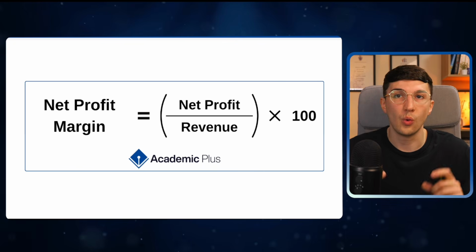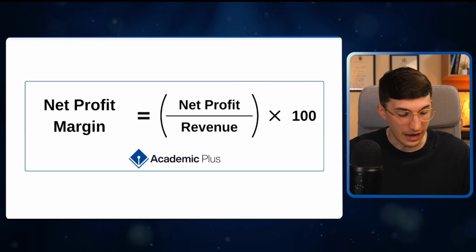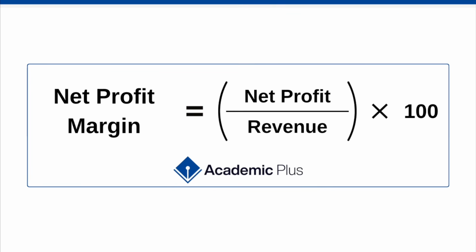And finally, you also have your net profit margin, calculated by taking the net profit divided by the revenue and times by 100. Of course, the higher the profit margin, the better, as it indicates the business is more effectively controlling its costs and generating a higher proportion of profit from its revenue.